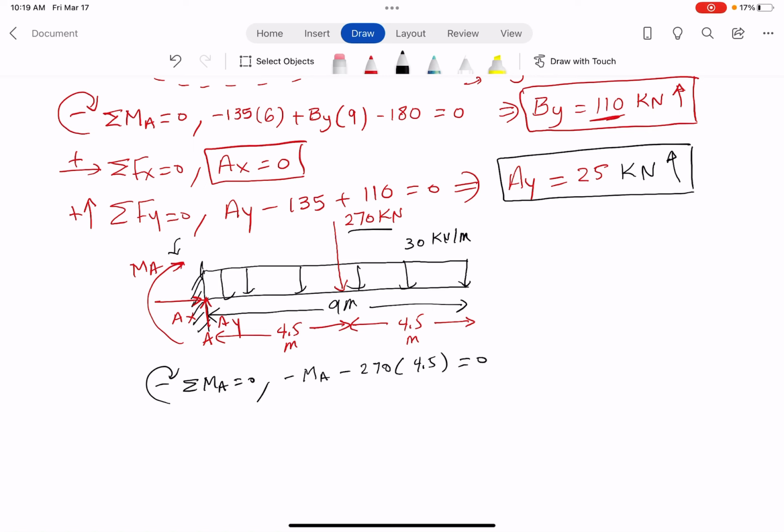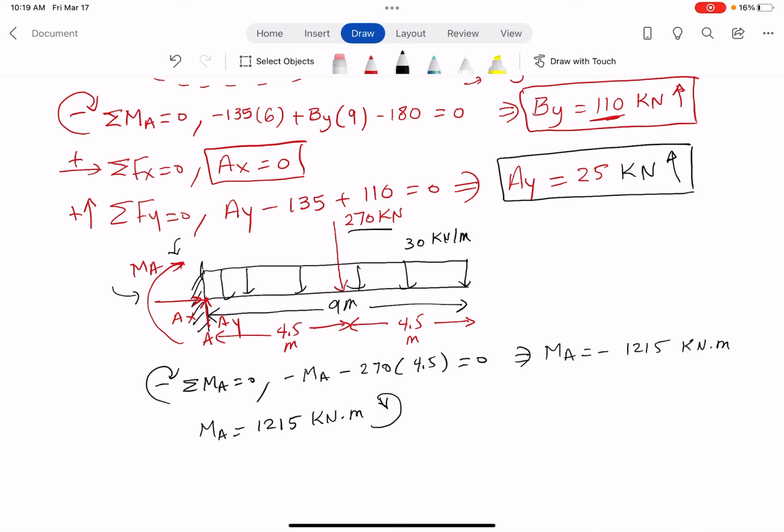So 270 times 4.5, this would give you moment A negative 1215, and you can see that it is kilonewton meter. And since it's negative, it means that our assumption is wrong. So MA is 1215 kilonewton meter. We assumed it clockwise, so it is counterclockwise.